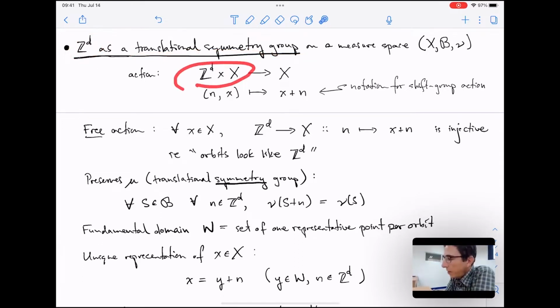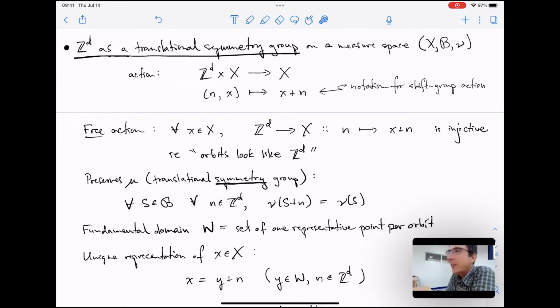And this terminology means that you take the underlying space, like RD, and you take an element of the shift group, and you put them together in this pair, and this corresponds to shifting the point X by this N. And this is the terminology that is really very convenient.